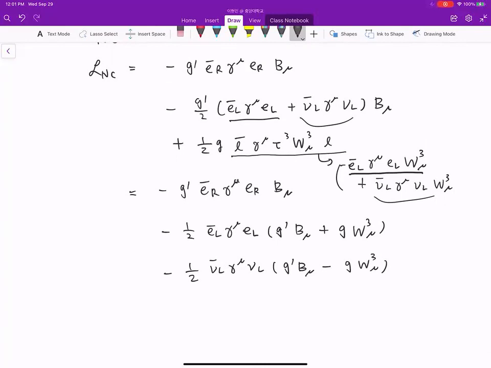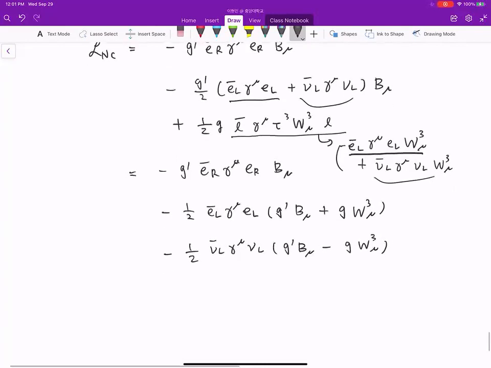In this combination, this is proportional to the neutral Z boson. The neutrino does not couple to the photon, but this second term contains both the photon and the neutral Z boson.